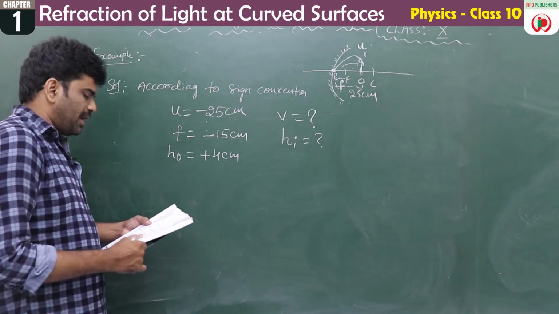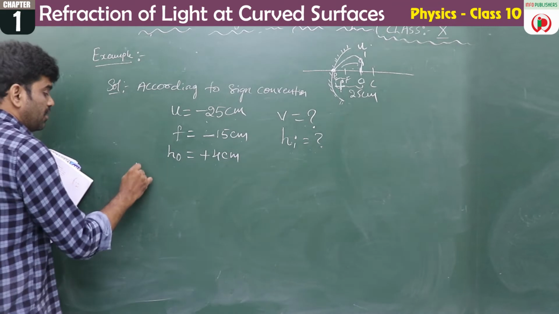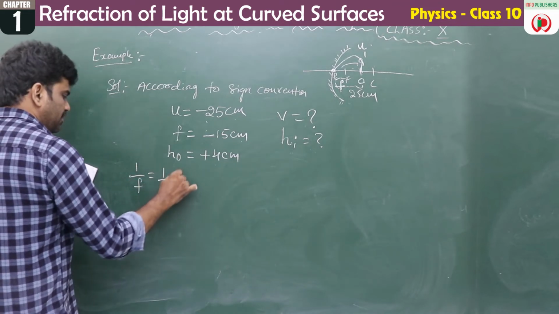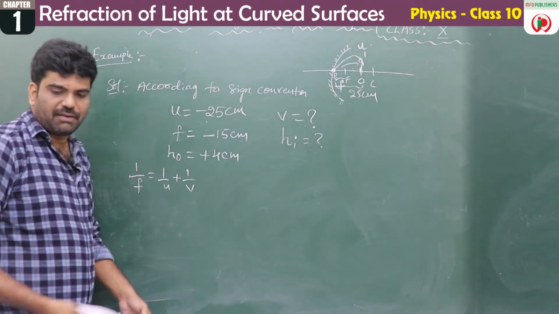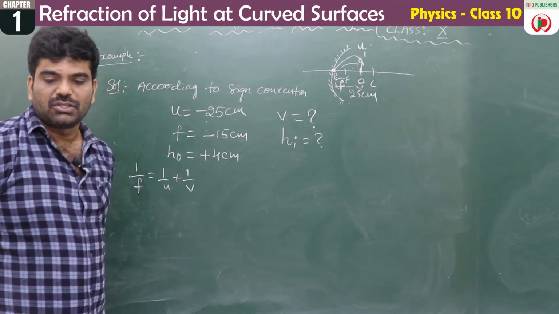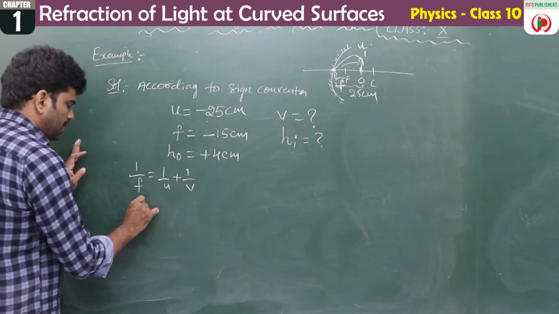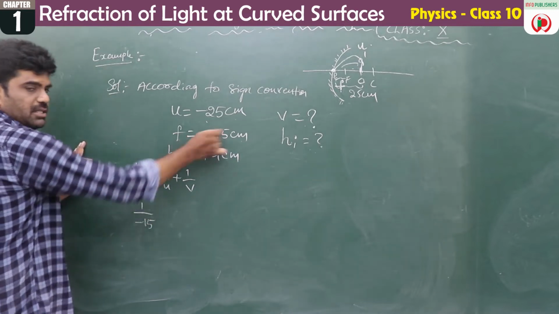So substituting the values in the equation, we know the mirror formula: 1 by f is equal to 1 by u plus 1 by v. Here 1 by f is the focal length, and f is minus 15.